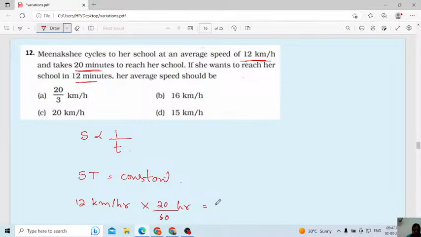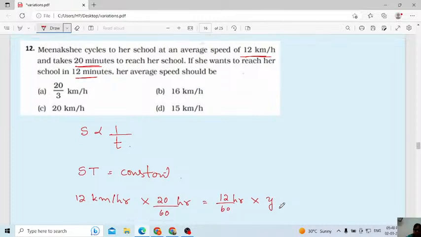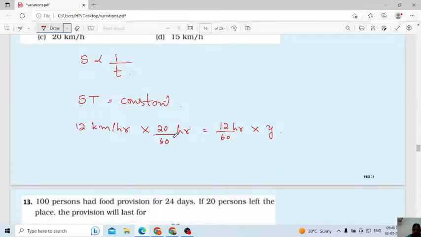Next one, 12 divided by 60 hour. Then this one I don't know, I will consider as y. Here 60 will get cancelled, that's why you are getting the same value, but sometimes it will affect if you are not converting. It will be 20 kilometer per hour.